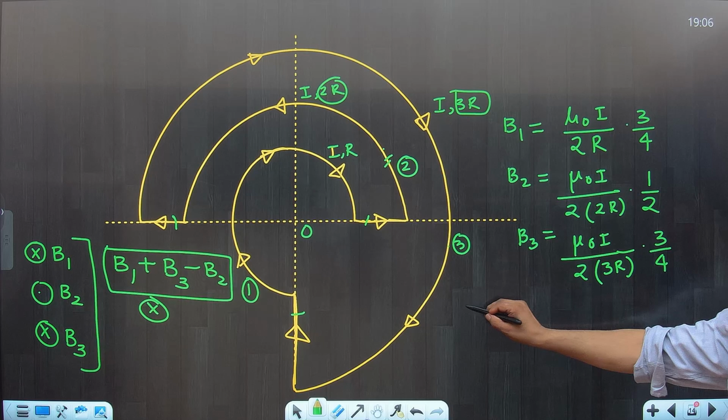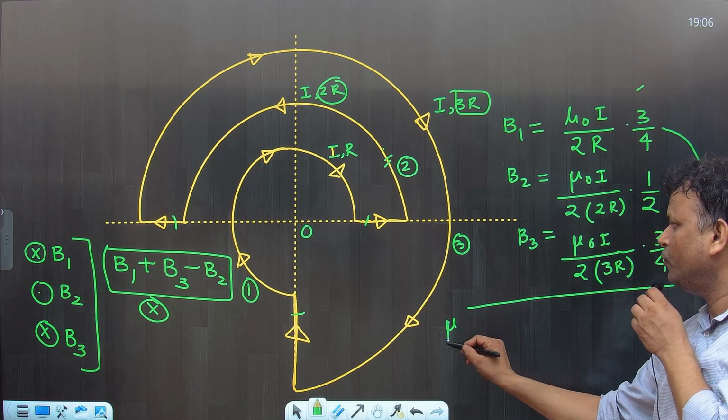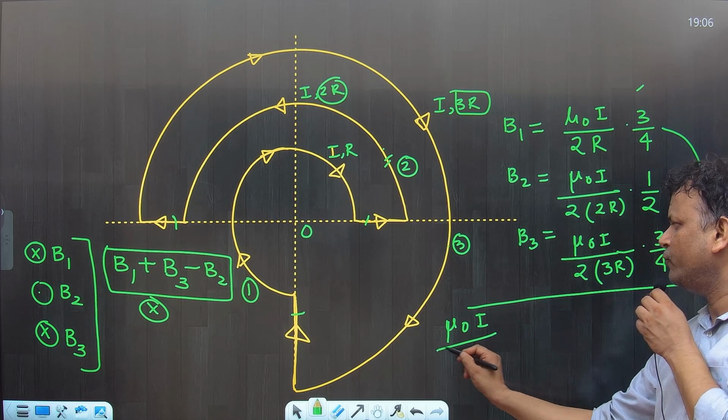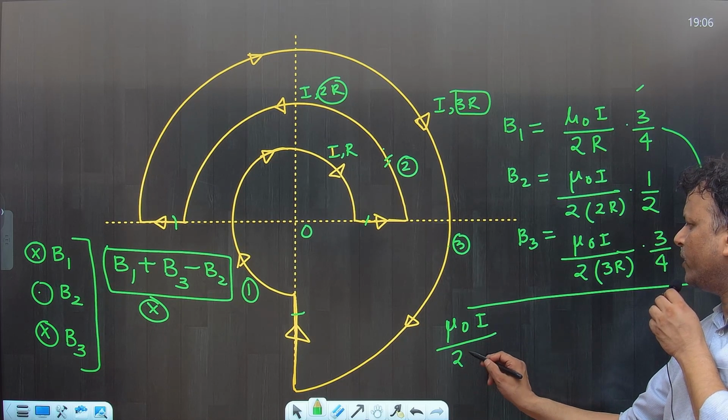So your answer should be B1 plus B3 minus B2. You take mu naught I by 2r common.